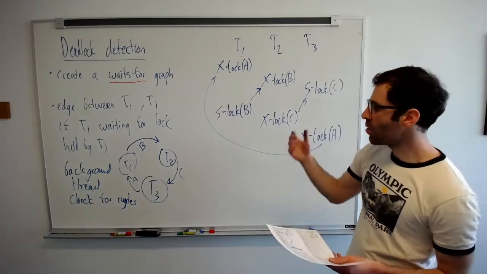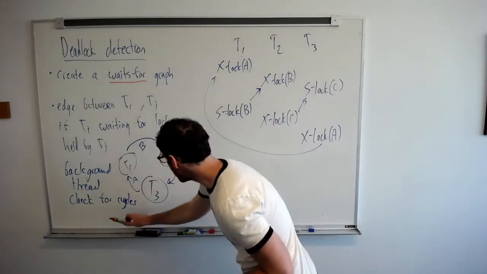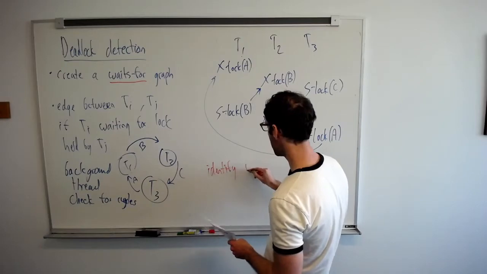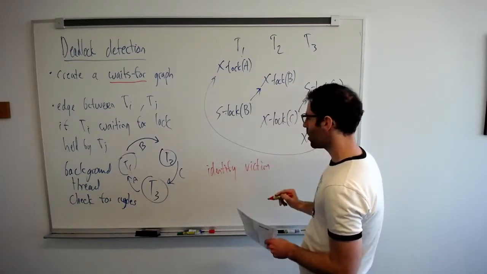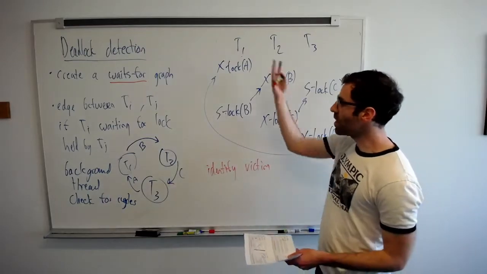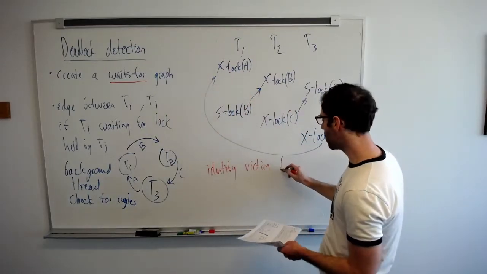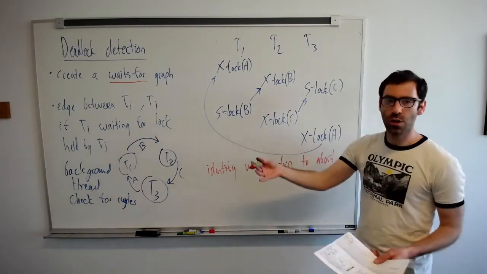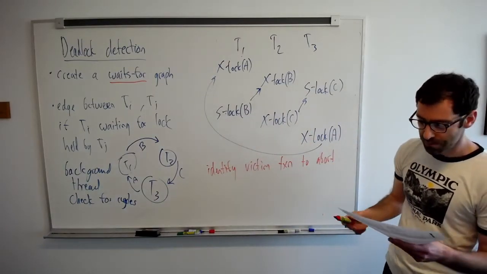So what this means is, like with our LRU replacer, we need to identify some victim transaction to abort in order to allow our system to make progress.